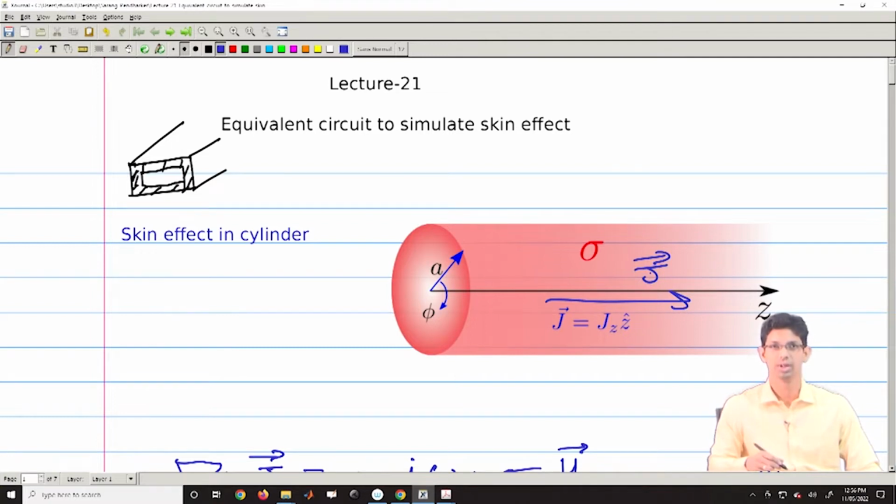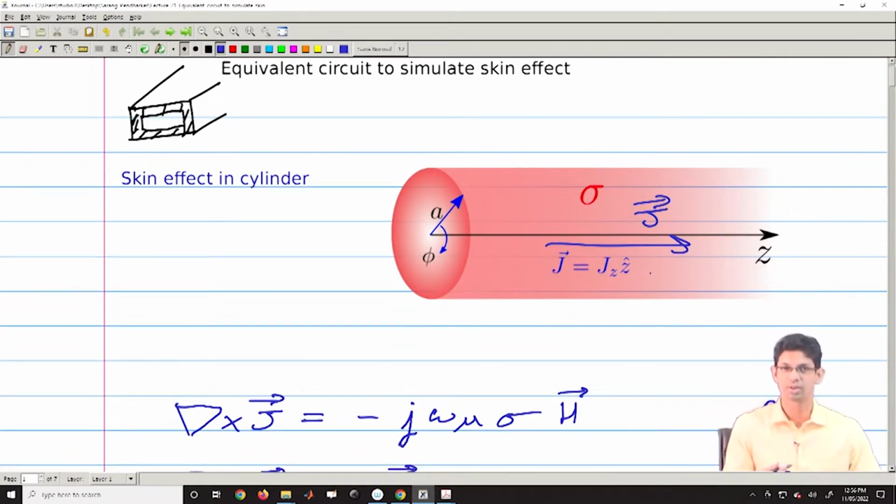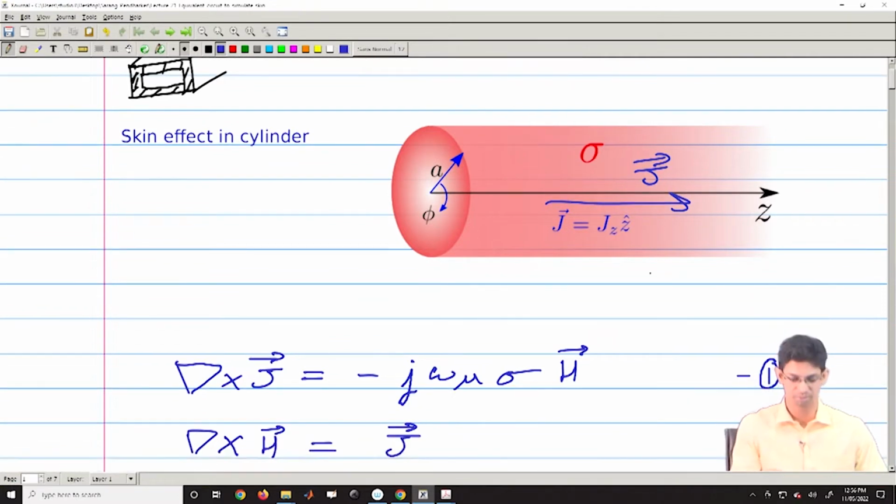For this we will be looking at what would be the expression for the current in a wire like this. So, here again all the equations would start from the basic Maxwell's equation.